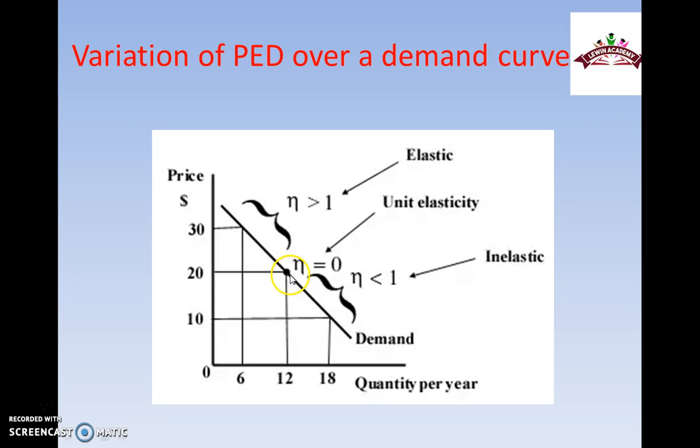In the middle, it's more unitary. The same amount of change in price gives the same amount of change in demand. And for the ending of the demand curve, which is more than likely less than 1, it's more inelastic. So remember, the top is elastic, the middle unitary, and the bottom part is always inelastic.